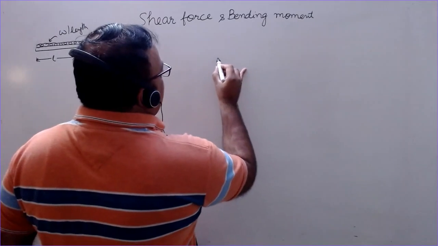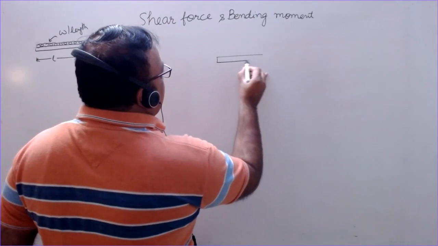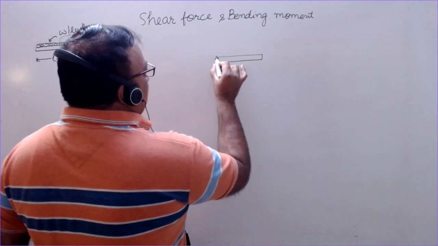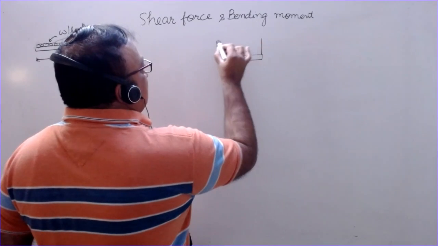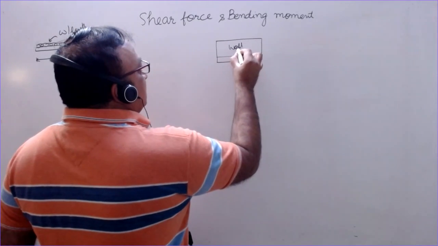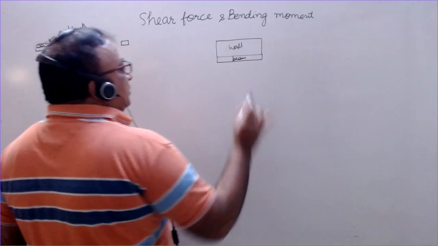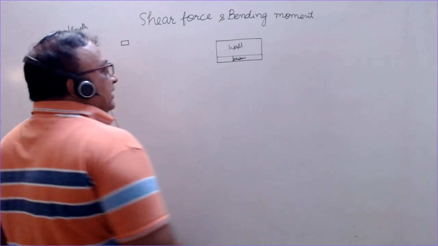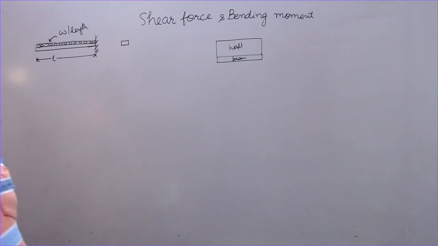Just like you have this beam in the roof and there is a wall on it, its weight is 500 tons. So 500 divided by the length of the wall, that is the UDL acting on the entire beam. So this we have shown here.